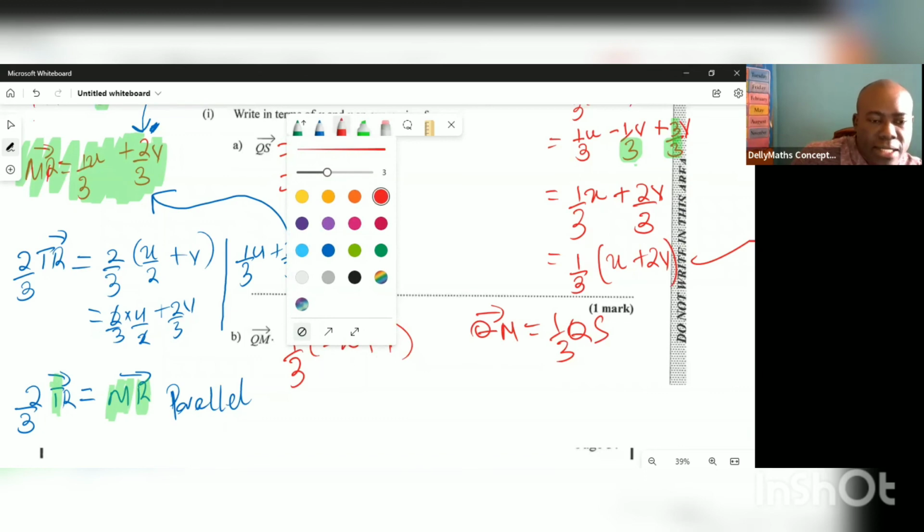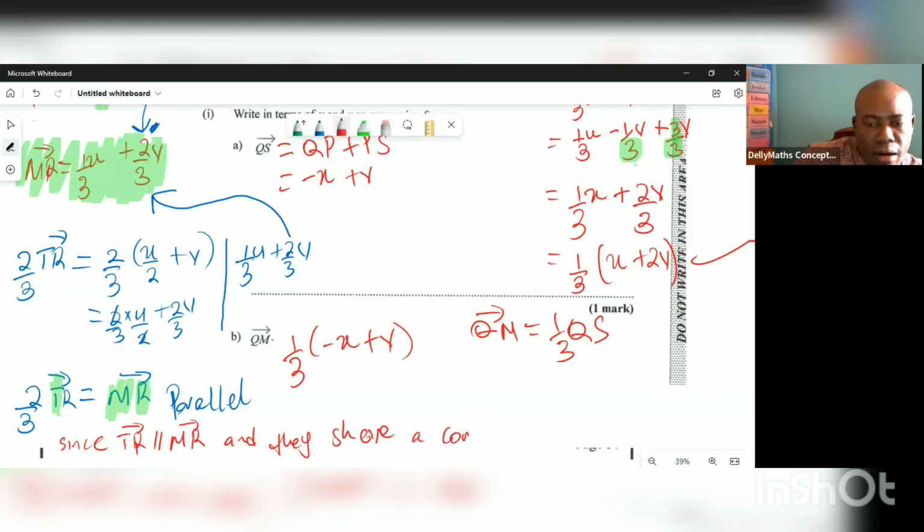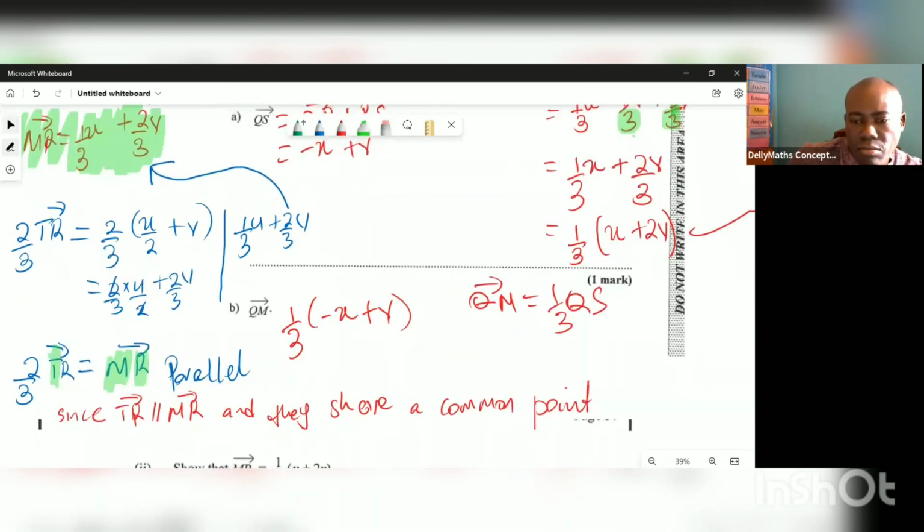So since vector TR is parallel to vector MR, and they share a common point, R, then we could see that T, M, and R are collinear.